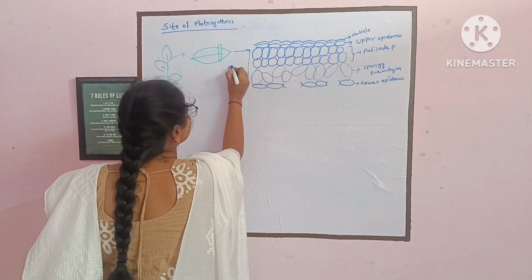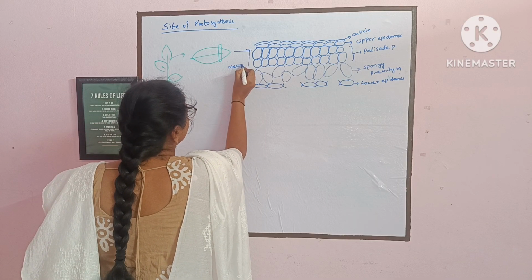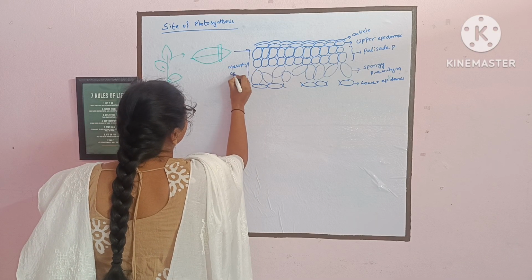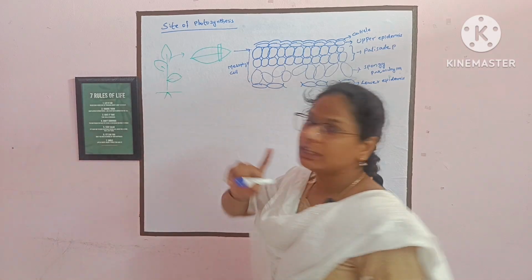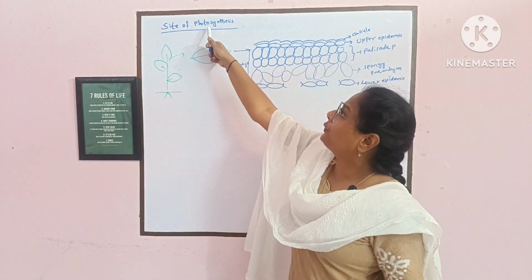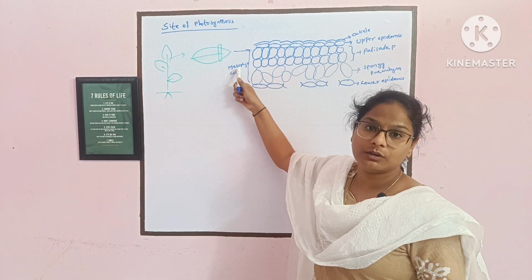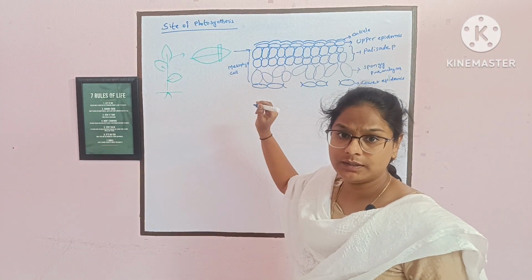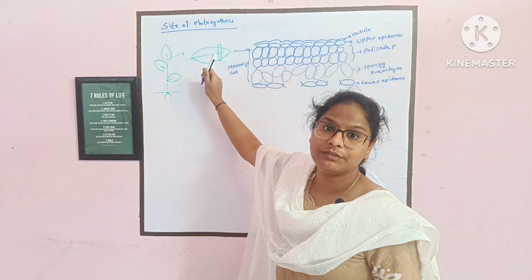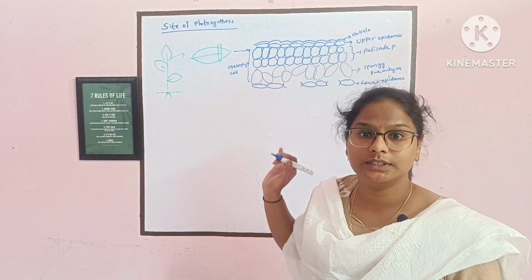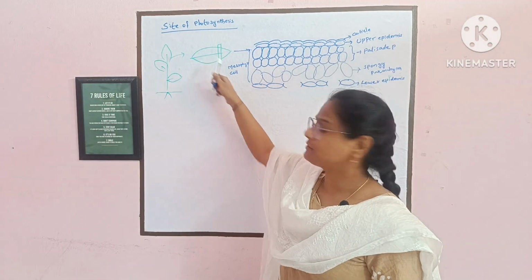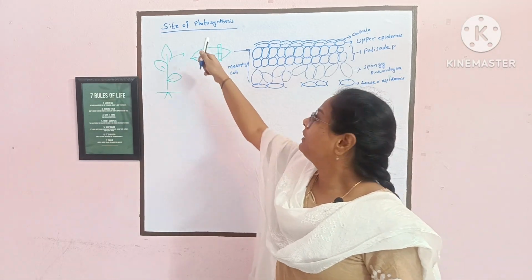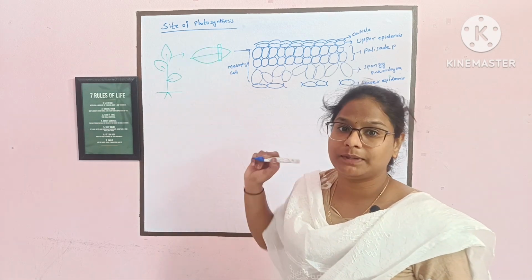This one is the mesophyll cell. Photosynthesis is going to be performed in the mesophyll cell. Where are mesophyll cells located? Mesophyll cells are located in every green part of the plant. Leaves consist of mesophyll cells where photosynthesis takes place.